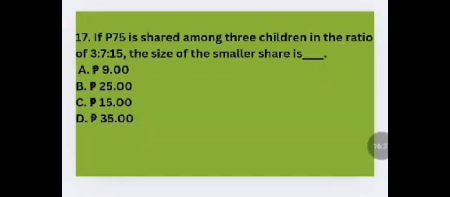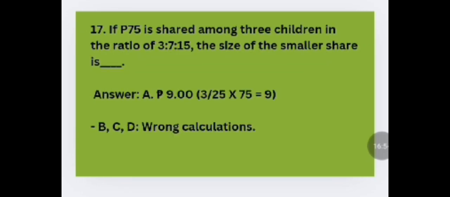Number 17. If 75 pesos is shared among 3 children in the ratio of 3 is to 7 is to 15, the size of the smaller share is A, 9 pesos, B, 25 pesos, C, 15 pesos, or D, 35 pesos. The answer is to solve 3 over 25 times 75, which is equal to 9.